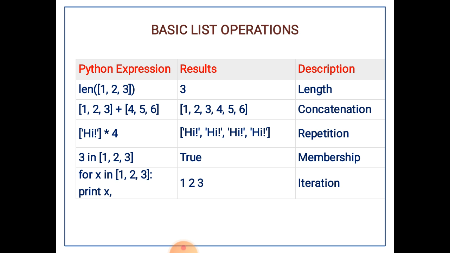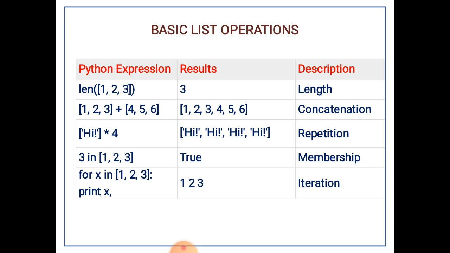'Hi!' is a string because it is in between single quotes. So it is a list containing one element, that is the string 'Hi!', and now we have seen that as a result 'Hi!' has been printed 4 times. So that is called the repetition operator.